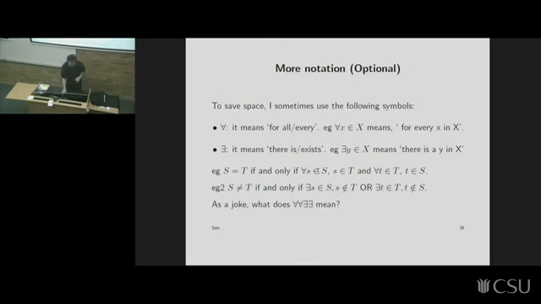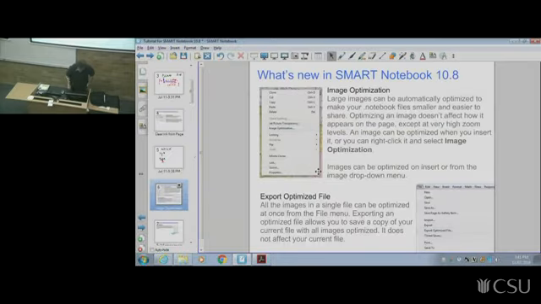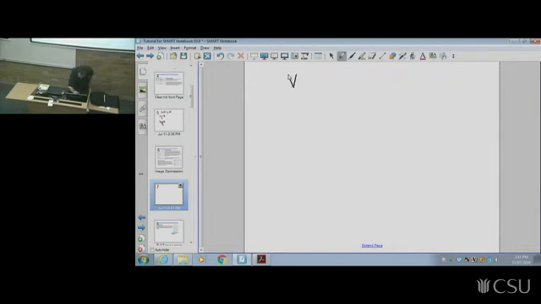So here's some more notation. Maybe I'll just write them down. So this is an upside down A, and it means for every. So if you say this sort of expression, this reads for every x in X. So that means for every little x in capital X. That's all it really means.